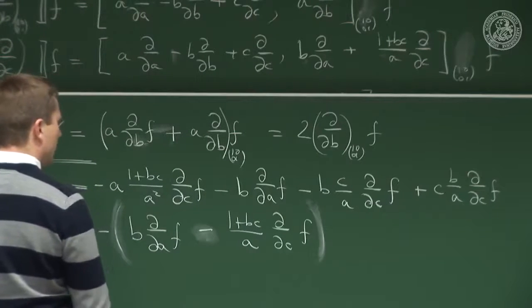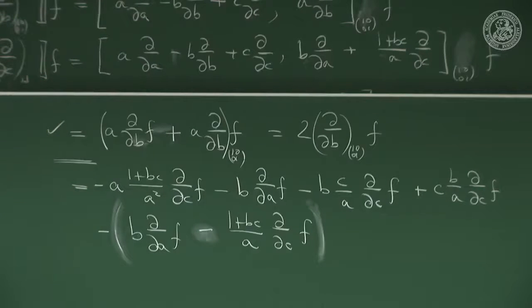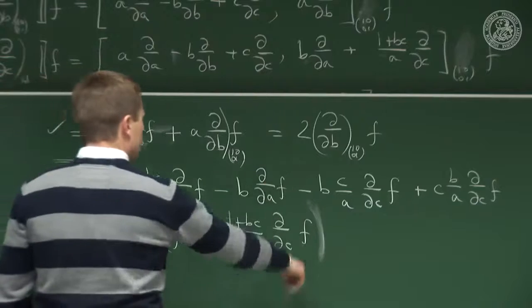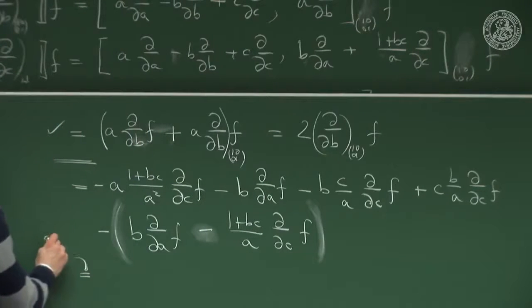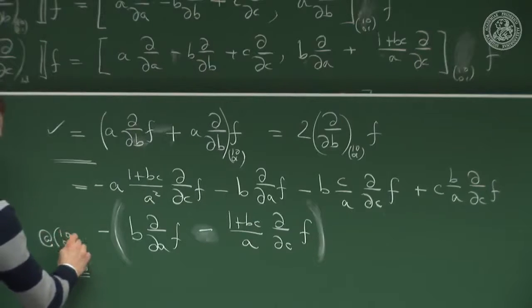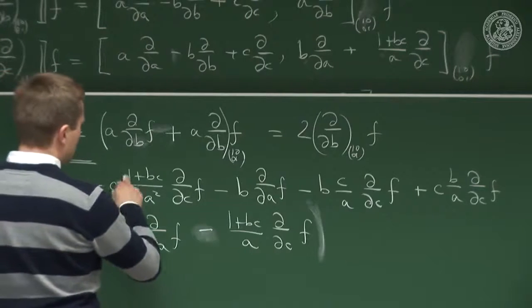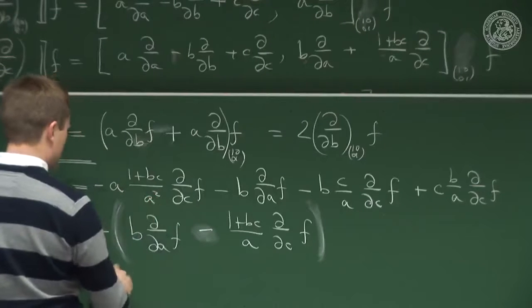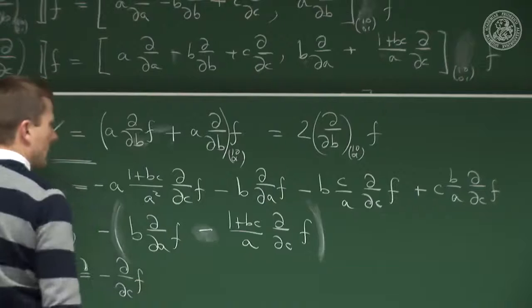We now evaluate. We could simplify first or evaluate first. Let's evaluate immediately. We evaluate this at the identity. So let's indicate this here. At the identity, we evaluate identity in these coordinates is a equals 1, b equals c equals 0. So this is 1 times 1 plus 0 over 1. This is a minus d by dc f.